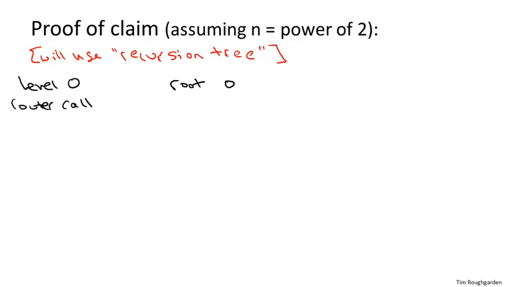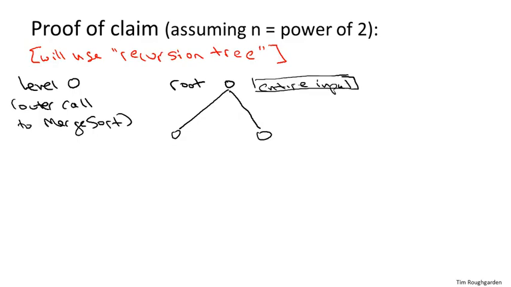Now this tree is going to be binary in recognition of the fact that each invocation of merge sort makes 2 recursive calls. So the 2 children will correspond to the 2 recursive calls of merge sort. At the root we operate on the entire input array. So let me draw a big array indicating that. And at level 1 we have one subproblem for the left half and another subproblem for the right half of the input array. I'll call these first 2 recursive calls level 1.